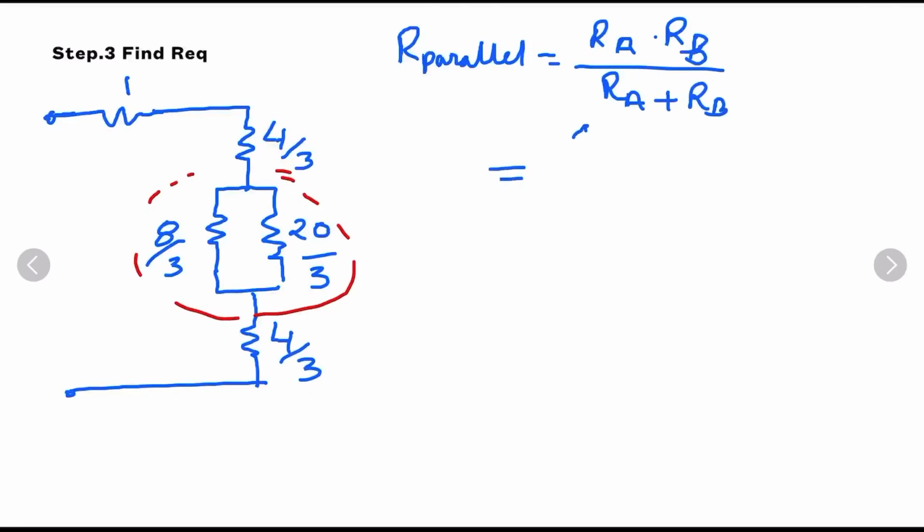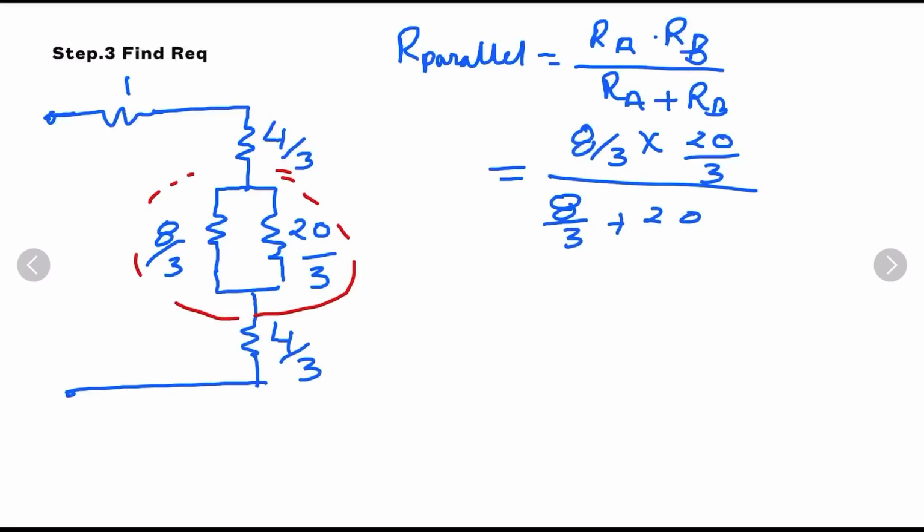So it will be multiplication 8 by 3 into 20 by 3 upon 8 by 3 plus 20 by 3, and it will give us 40 by 21. After taking LCM and all, we will get 40 by 21 kilo ohm.